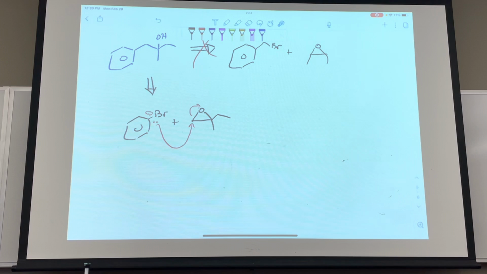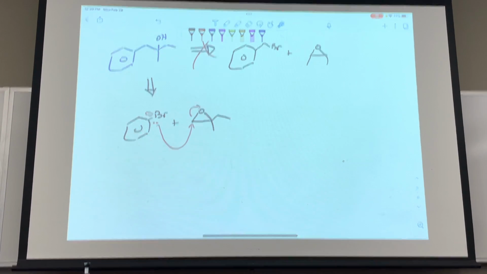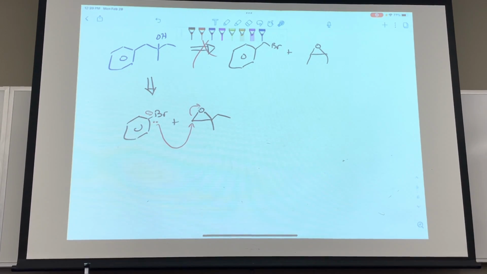And here, we're able to synthesize that complex, highly branched alcohol in basically a single step. So it can really increase the efficiency of your synthesis, if you can see when to use it. And that's the hardest part with these. All right? Any questions on this?